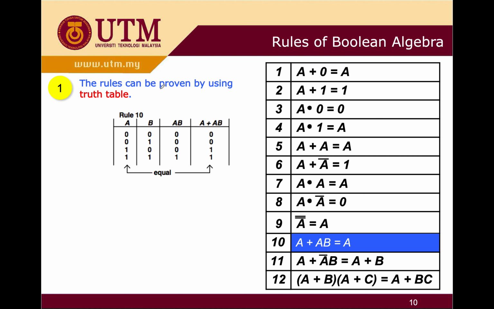After that you will do A multiplied by B, which is an AND gate. You know, for an AND gate it only gets 1 as the output if both inputs are 1. So you will get only here as 1.